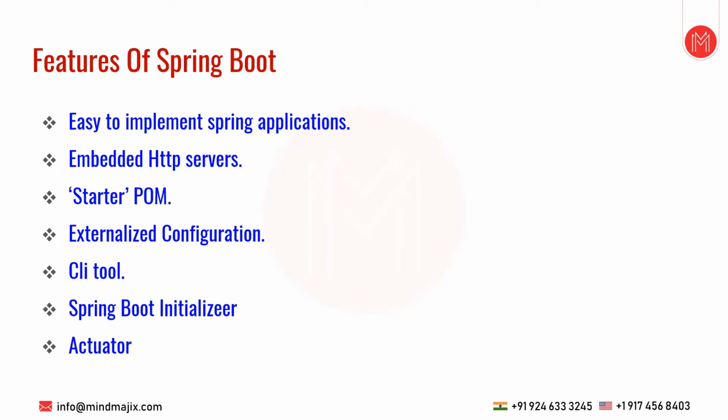For example, when you are trying to implement a Spring MVC based REST application which supports the JSON format in embedded Tomcat, you may need at least 8 to 10 dependencies in your Maven pom.xml file.